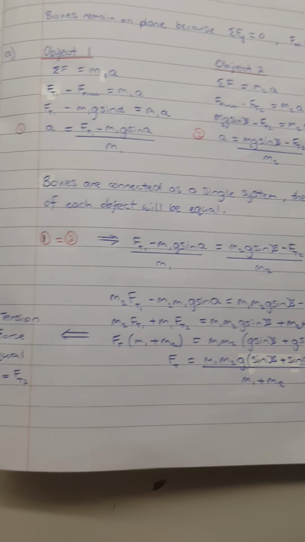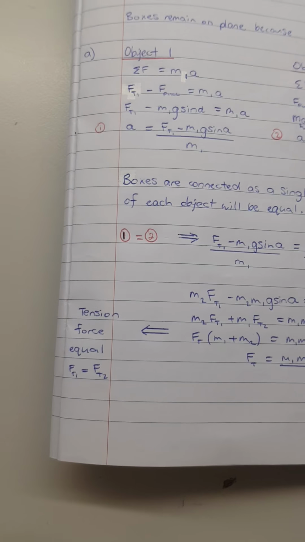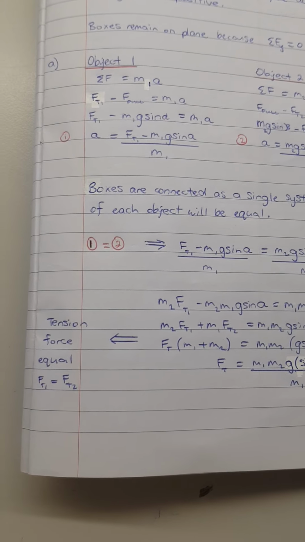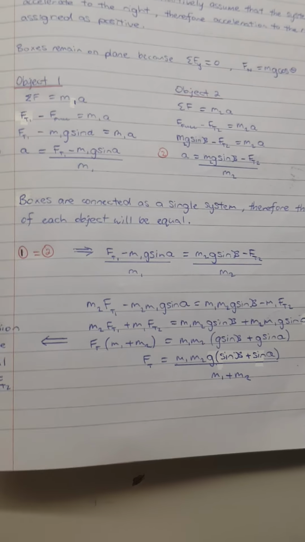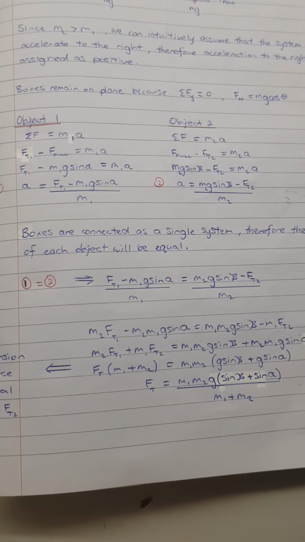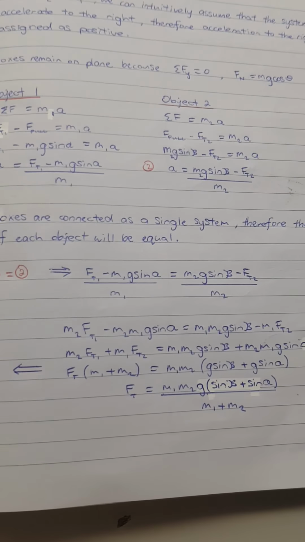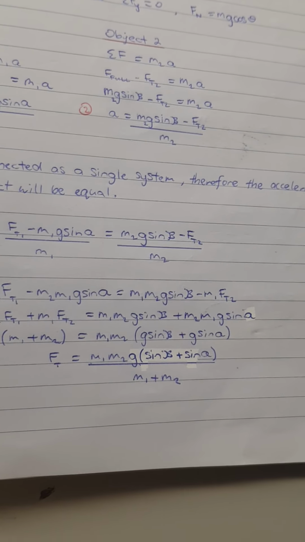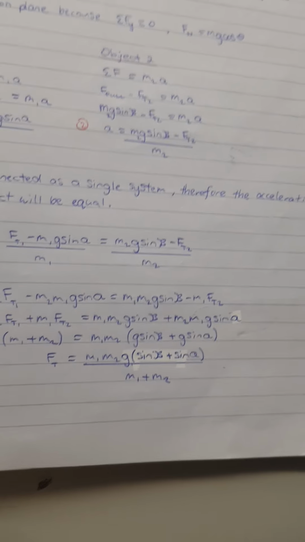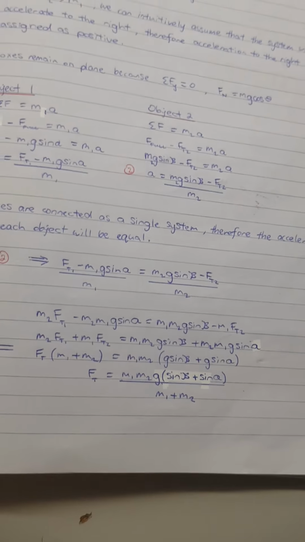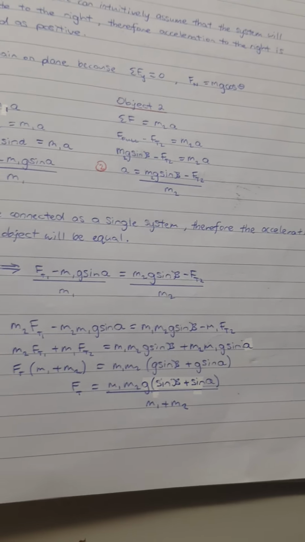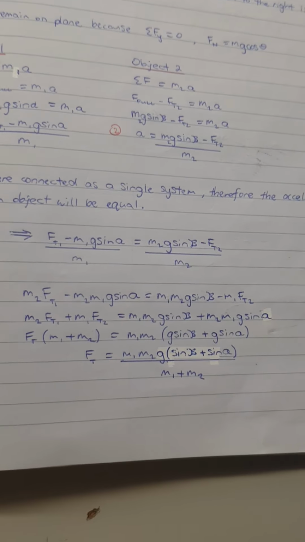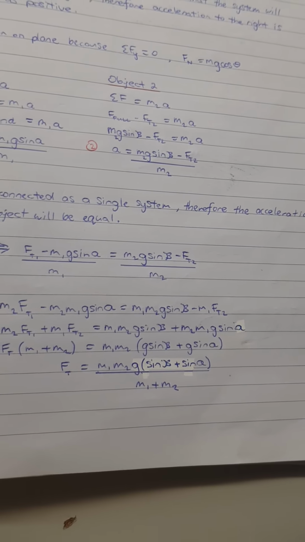And since this is a connected system, I know that the tension forces will be equal, opposite in direction, but they will be equal, because the tension on the string is going to be taut on both ends, so the forces will be the same. So solving through here, I end up with force tension is equal to m1 m2 g (sine beta plus sine alpha) over (m1 plus m2). So that is an equation answering part A. I got the tension force in terms of the masses and the angles.